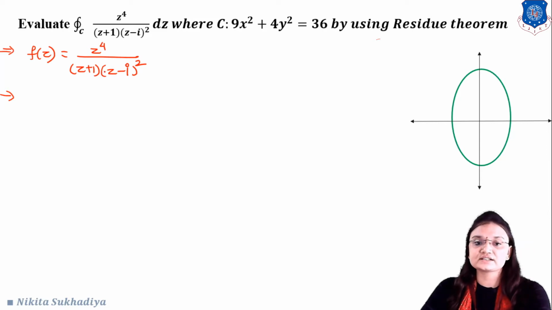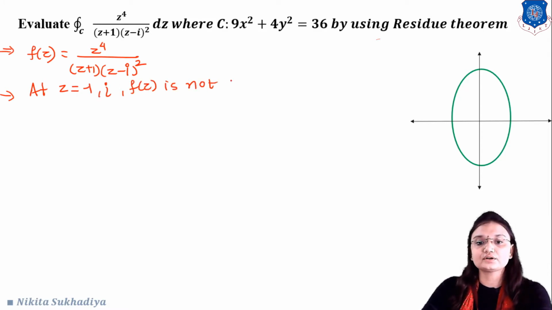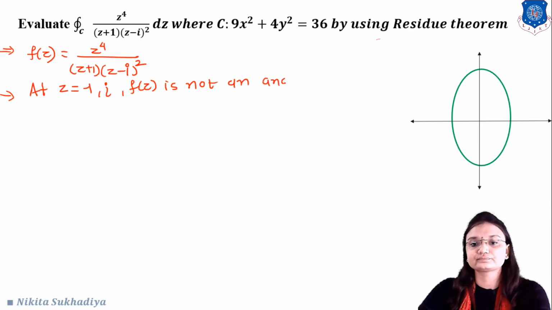Again, if we put z equal to i, f(z) becomes infinity, so at z equal to i our function is not differentiable. So at z equal to minus 1 and at z equal to i, our function f(z) is not analytic.